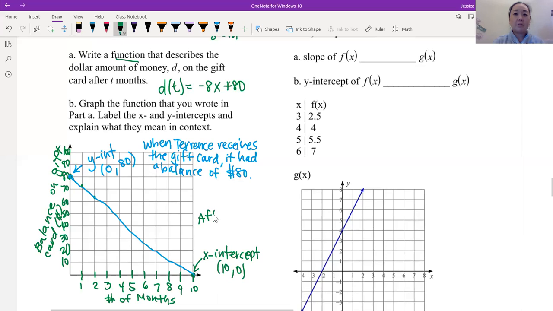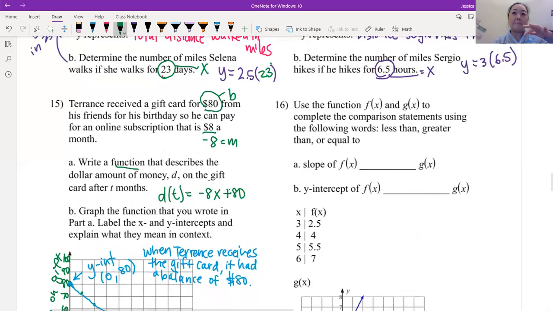After 10 months, because the 10 refers to the number of months, the gift card will have a balance of $0. So sad. Gotta go pay for it himself now or cancel the subscription. Either one, right? So that's how that's gonna go.